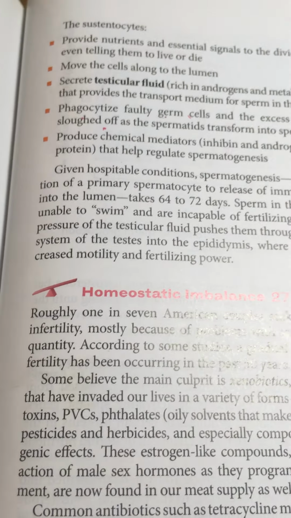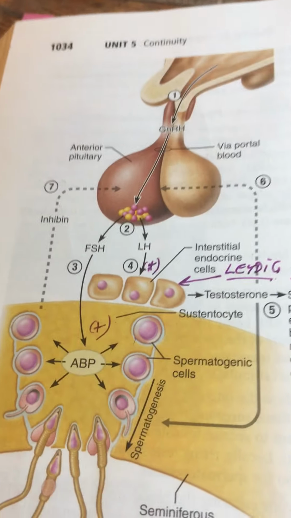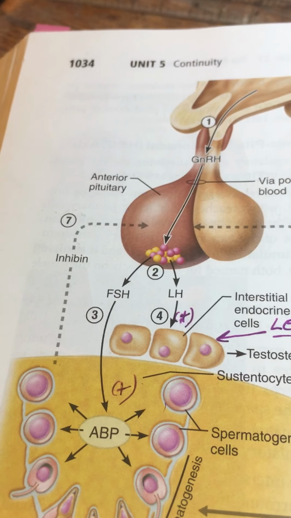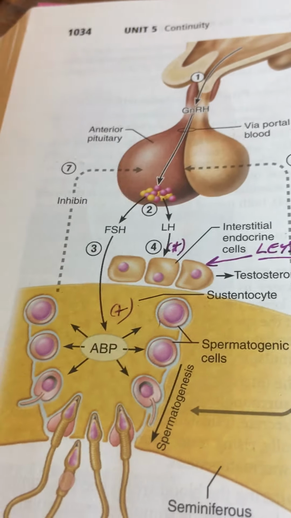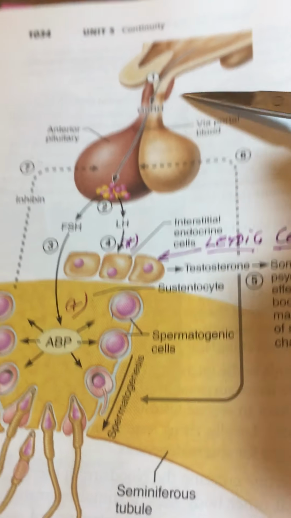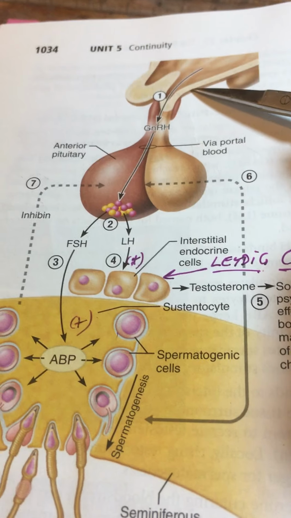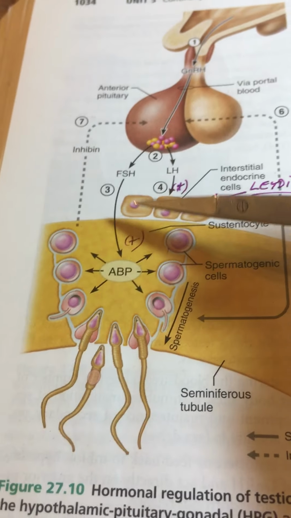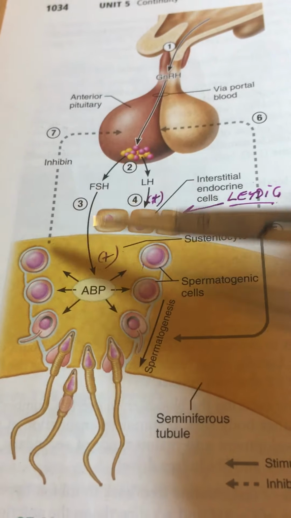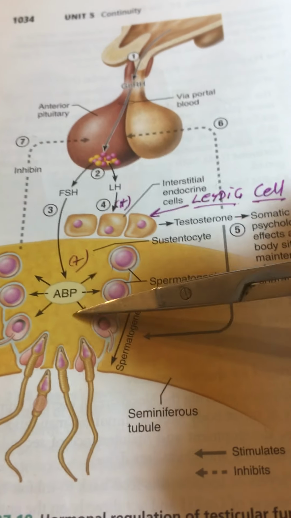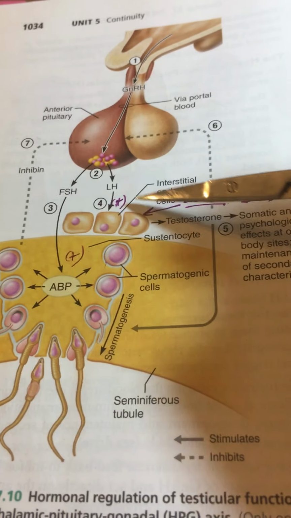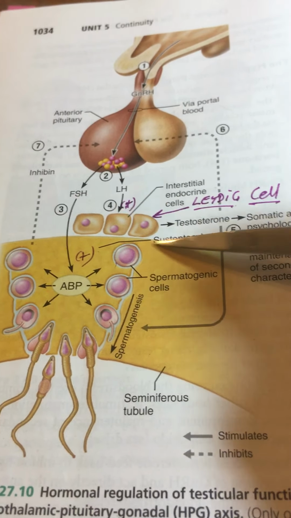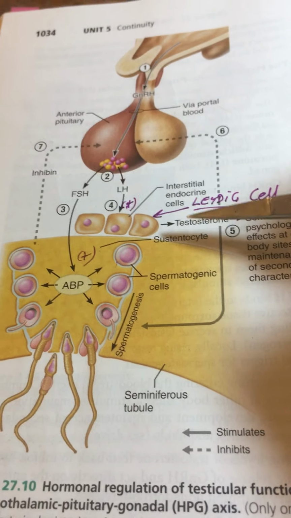Then they begin, this is the text part that's better described, I think, in the visual over here on page 1034. We have a relationship between the anterior pituitary, and also to some degree the hypothalamus, with stimulation of the wall here to create new cells, and also stimulation by way of LH on the Leydig cells to produce testosterone.